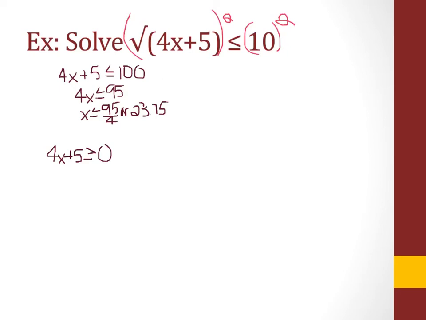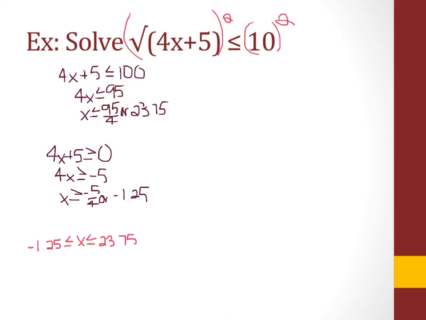Here we're setting it greater than or equal to 0, making sure that we're guaranteeing that it's positive. Once again, we want to solve for x. 4x is greater than or equal to -5. x is greater than or equal to -5 over 4, or -1.25. So finally here for our solutions, it would be -1.25 is less than or equal to x, which is less than or equal to 23.75. Now initially you might think that this is it and that we are done.